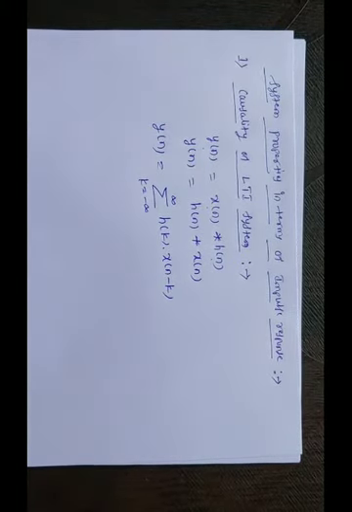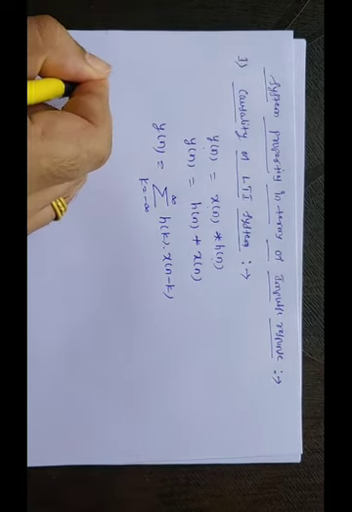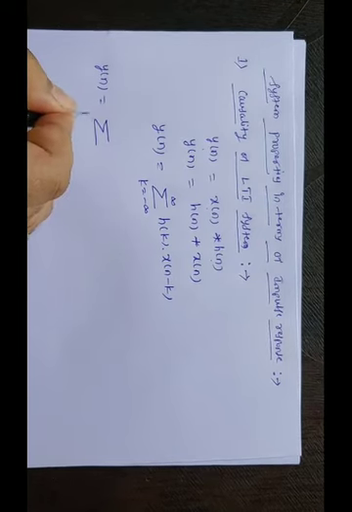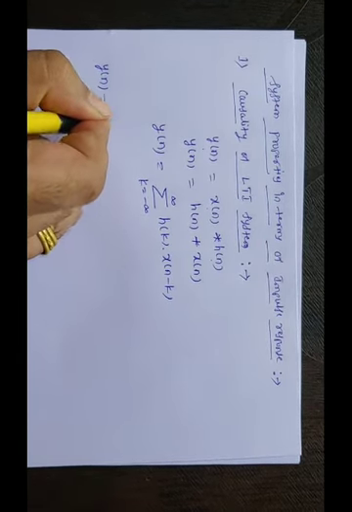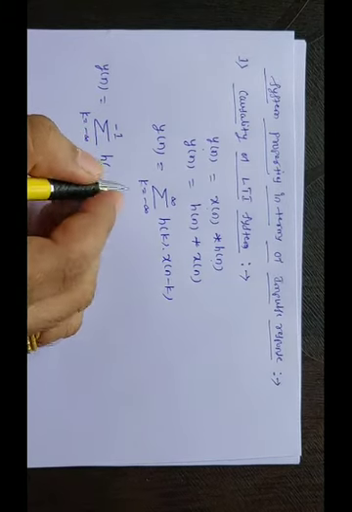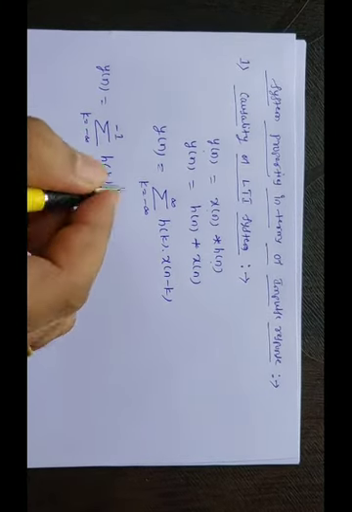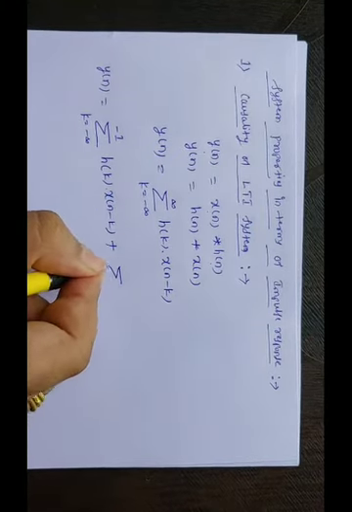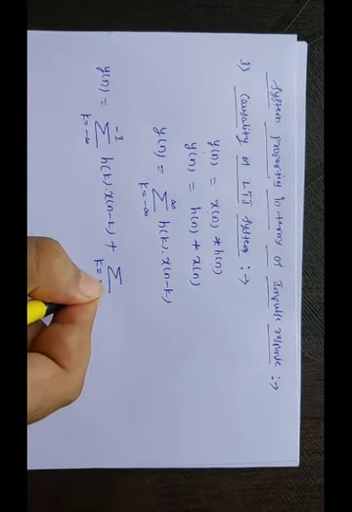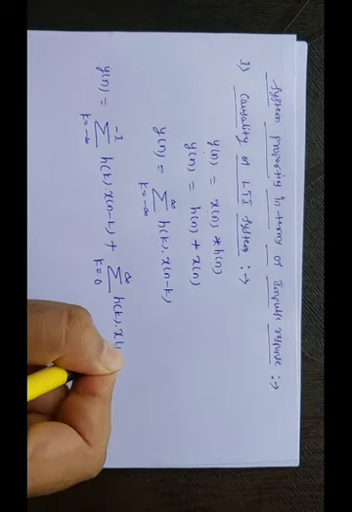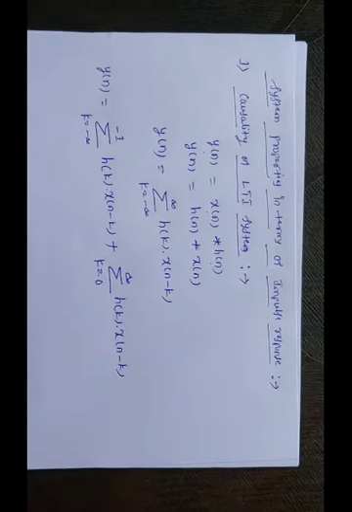So let us split this summation. That means y of n equal to summation of k equal to minus infinity to minus 1, h of k into x of n minus k, plus one more summation, k equal to 0 to infinity, h of k into x of n minus k.